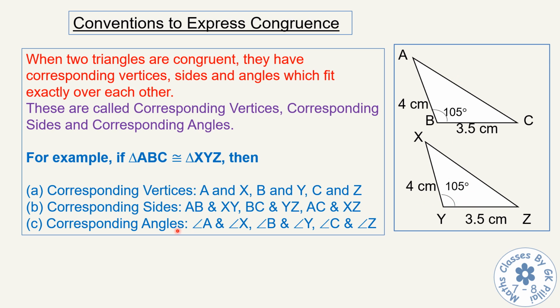Corresponding angles: here it was just A only, for vertices. Here it will be angle A. Angle A is equal to angle X. Angle B is equal to angle Y. And angle C equal to angle Z. This is what you will learn later on. But here corresponding angles are these pairs. All are in pairs only.